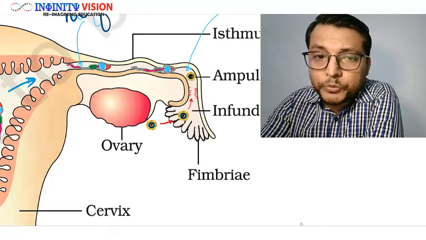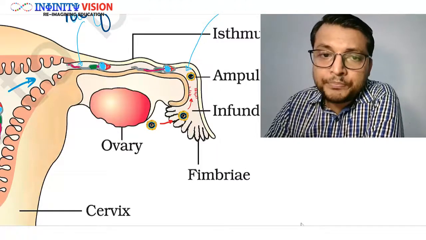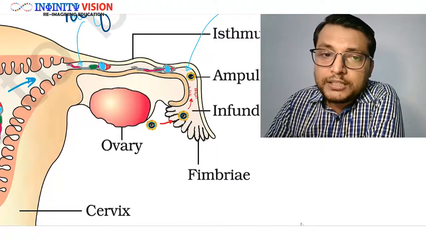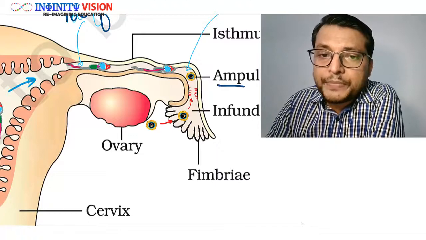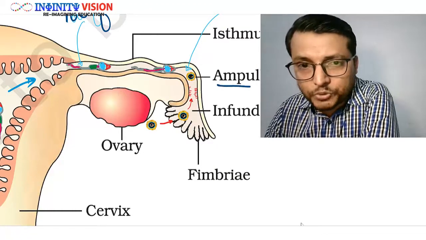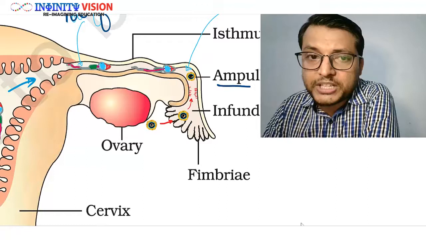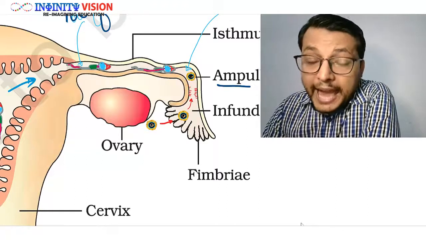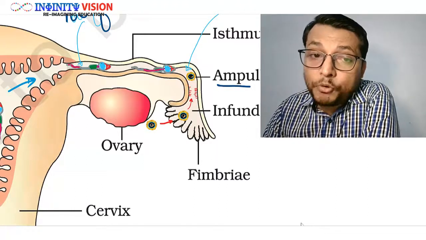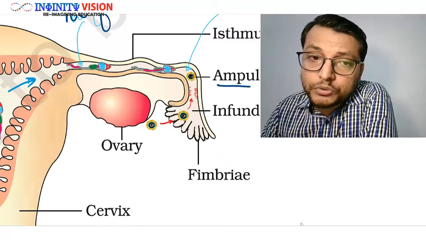The ovum moves through the infundibulum and finally reaches the widest part called the ampulla, right? I hope you all remember the parts of the oviduct. Now, as the ovum reaches the ampulla, it slowly starts to cross the ampulla.